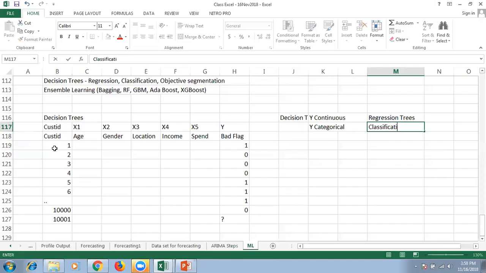That means decision trees are of two types: one is regression trees, one is classification trees. Decision tree regressor and decision tree classifier. That is what it means.